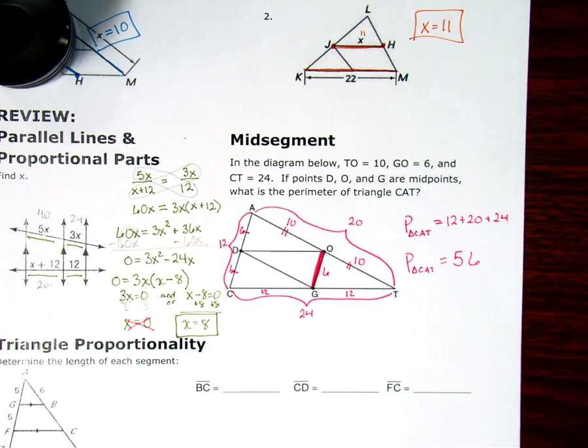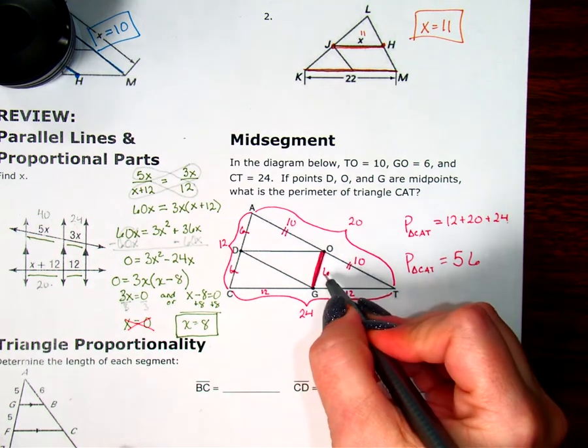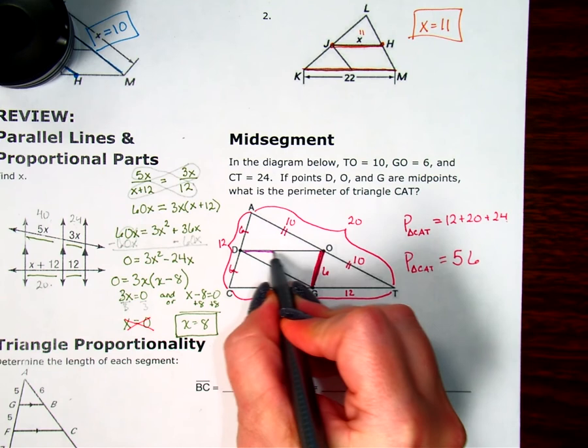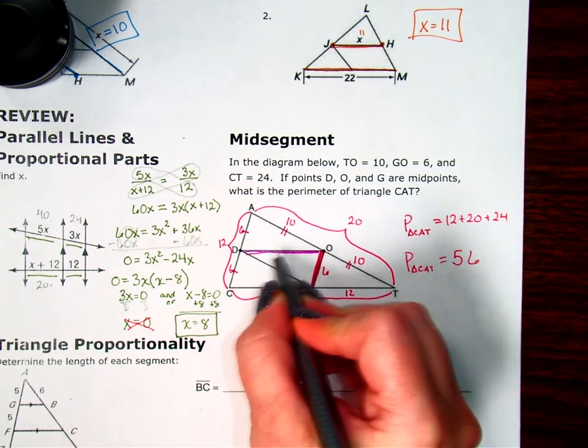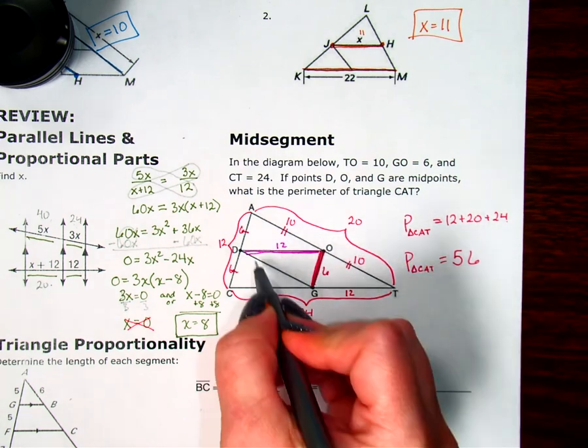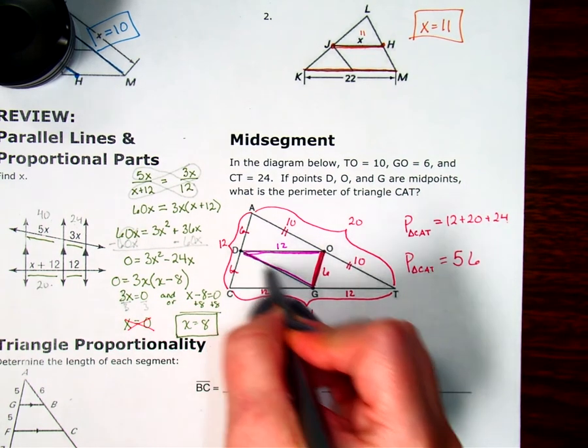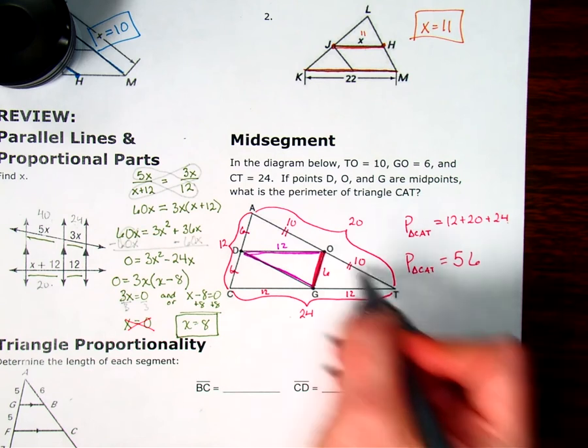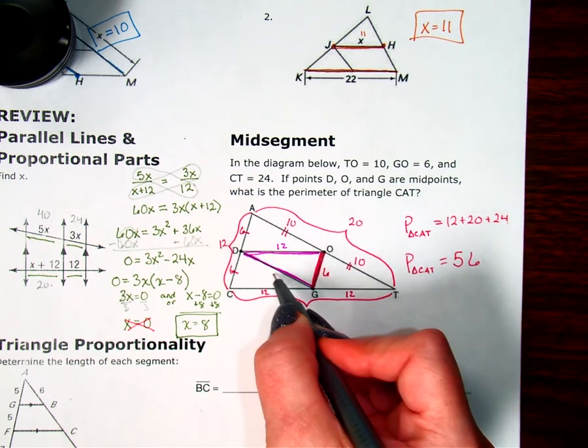Okay, it didn't ask me for DOG, but let's look at that one real quick. If I wanted the perimeter of DOG, if this piece is 6, this is going to be half of the side that it's parallel to, which is 24, so 12. And then this one here would be half of the side it's parallel to, so it would be 10.